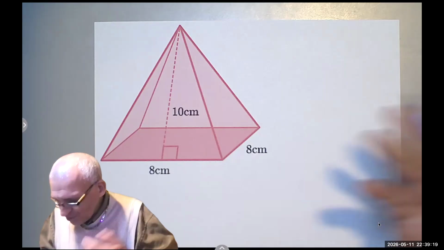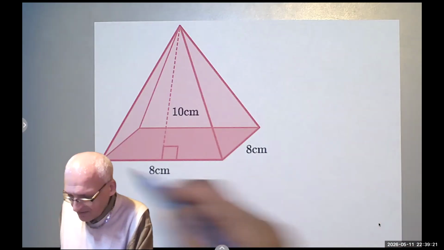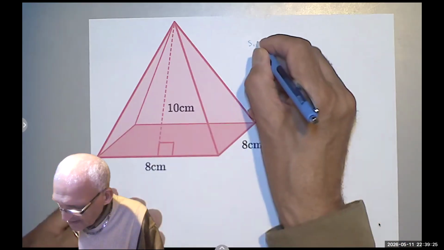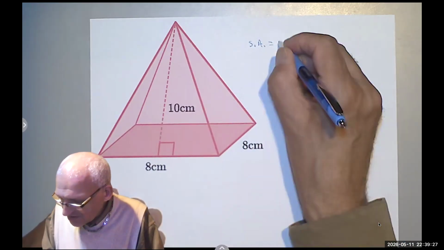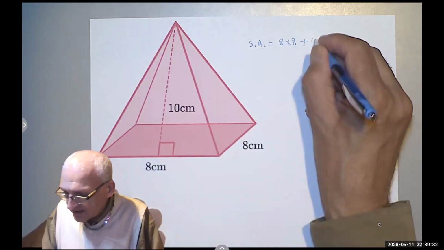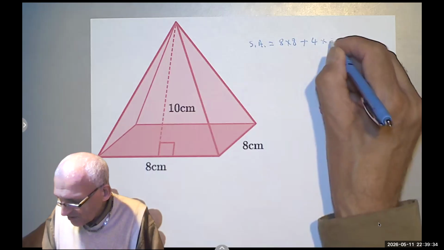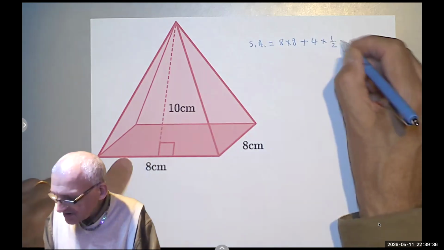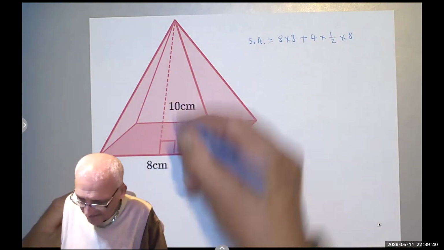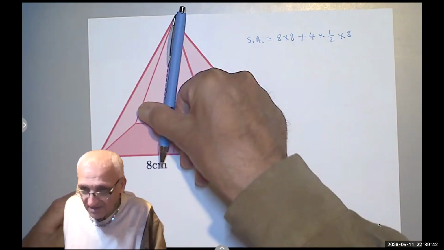Okay, I mean, we can do it, but this one is, all 4 triangles are identical. So surface area is area of the base, which is 8 times 8, plus 4 congruent triangles. Each one has an area of 1/2 base, which is still the same as 8 times height. Notice they tell you it's perpendicular to the base.